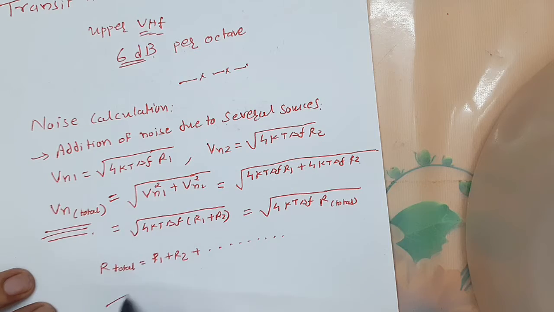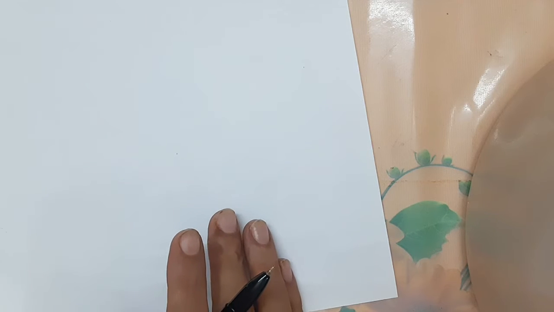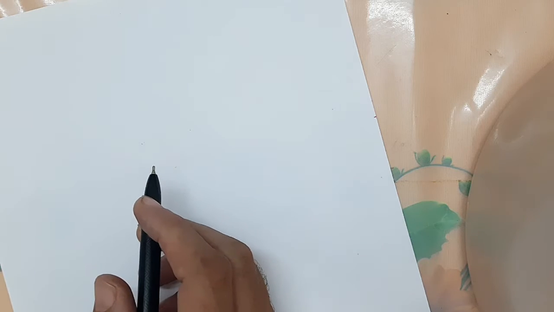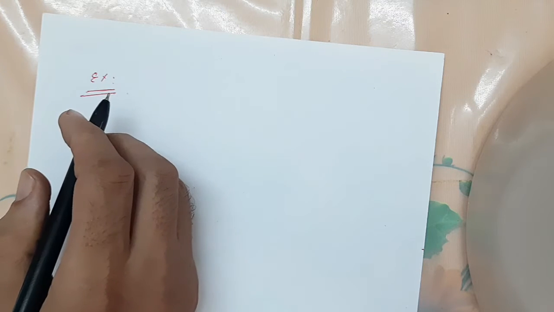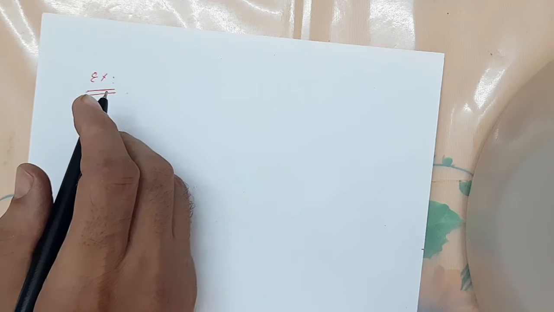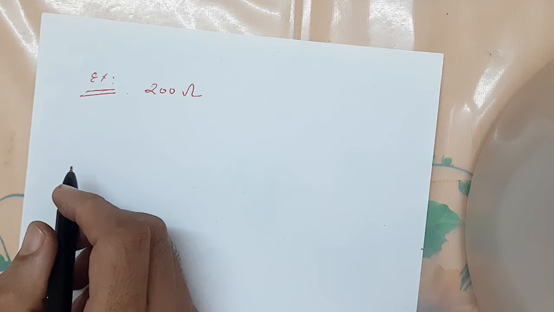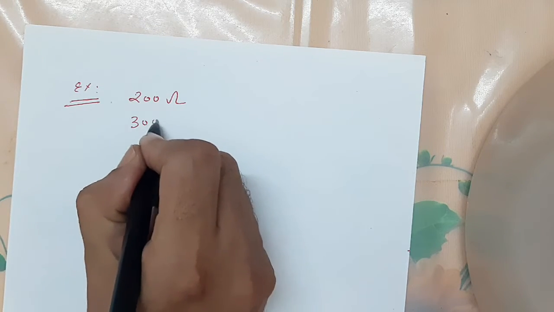With the help of this equation, we calculate one more example. Calculate the noise voltage at the input of a television RF amplifier using a device that has a 200 ohm equivalent noise resistance and a 300 ohm input resistance.